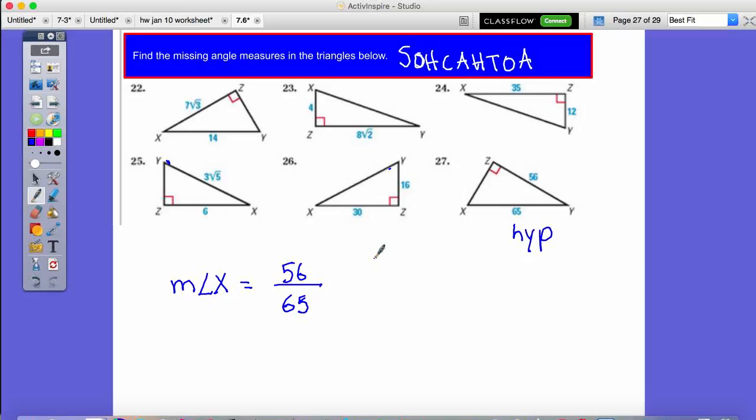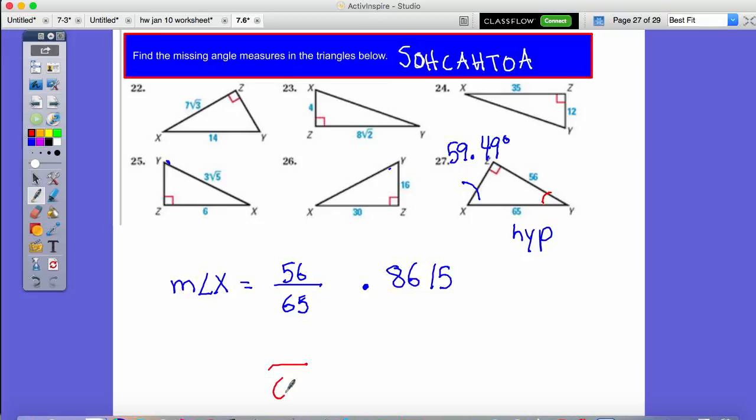So when I'm finding the measure of x, 56 divided by 65 is 0.8615. Since I'm doing opposite over hypotenuse, I'm doing sine. So that second button, inverse sine, and I get 59.49 degrees.